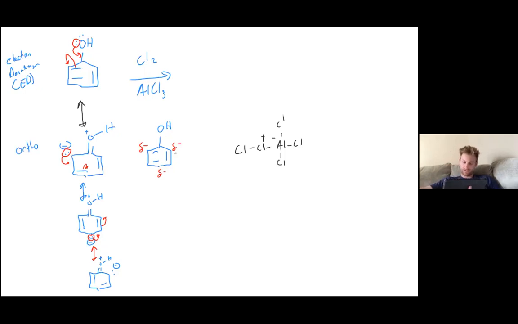So this can either generate a chlorine on the para position, or one of the ortho positions.